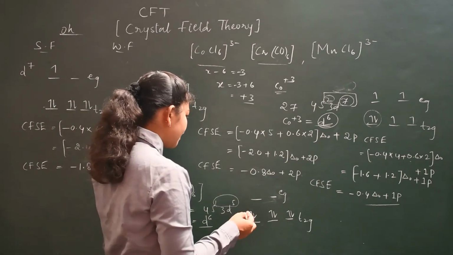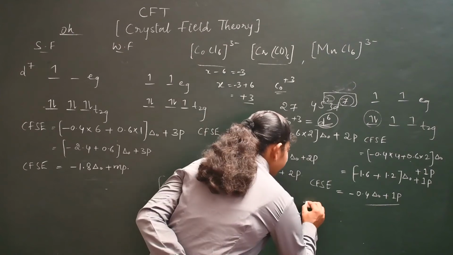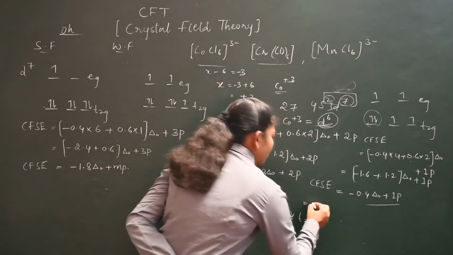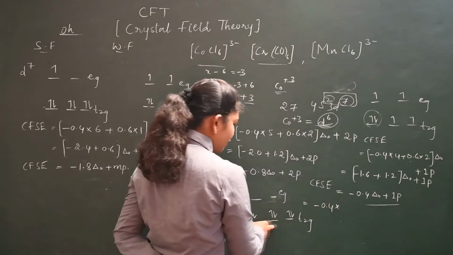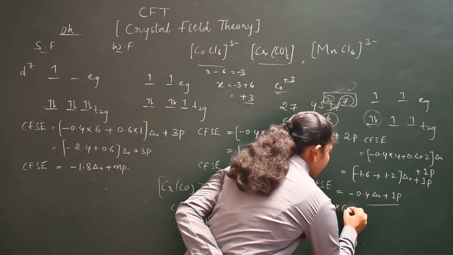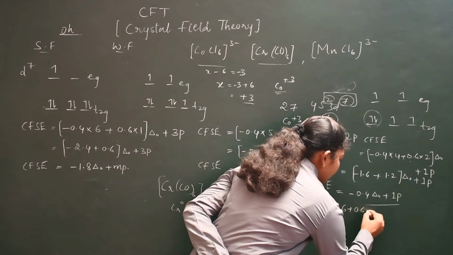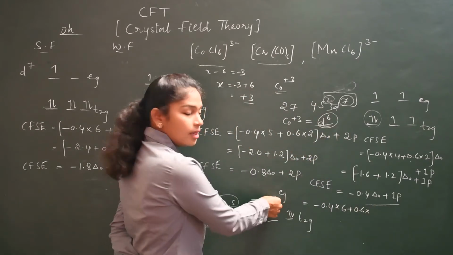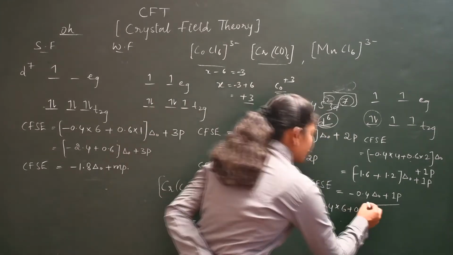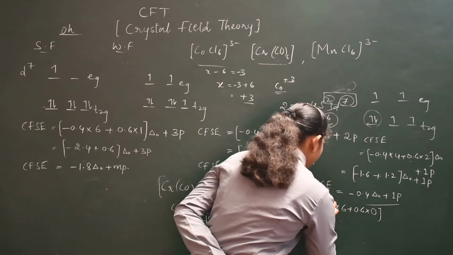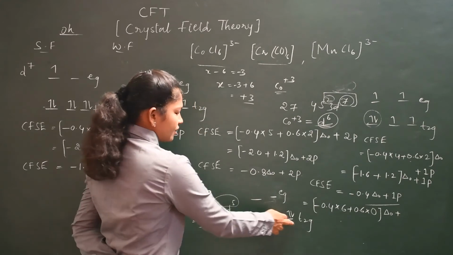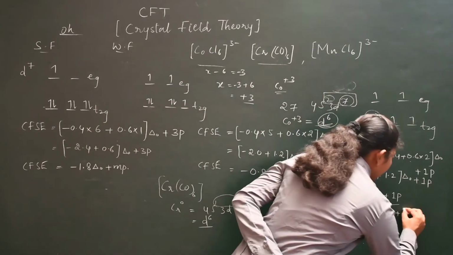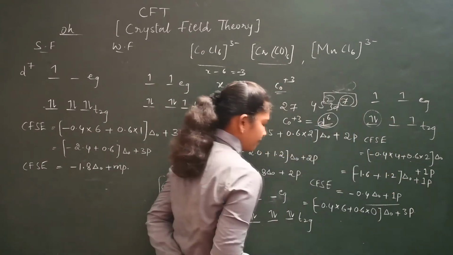Okay. Now what is the CFSE? We can calculate. So minus 0.4 into how many electrons are there? 6, plus 0.6 into how many electrons are there here? In eg, you don't have any electron. So 0 you have to take here. Delta naught plus mP. How many pairs of electrons are there? 3. So 3P.